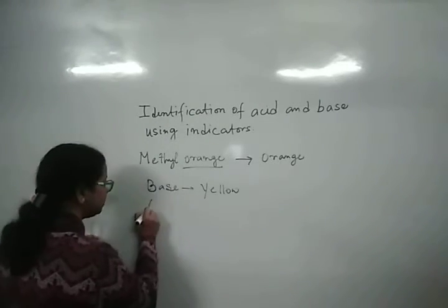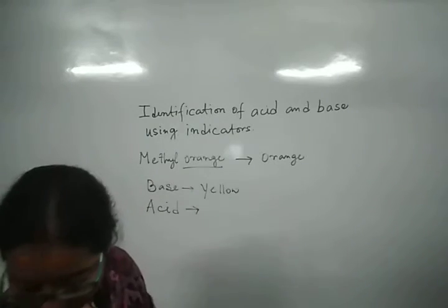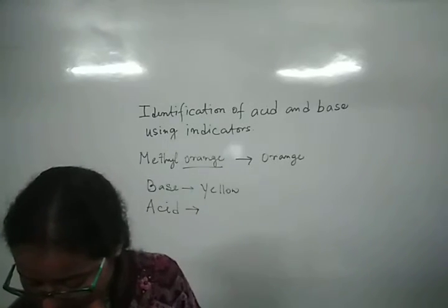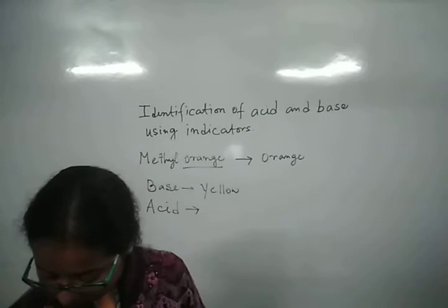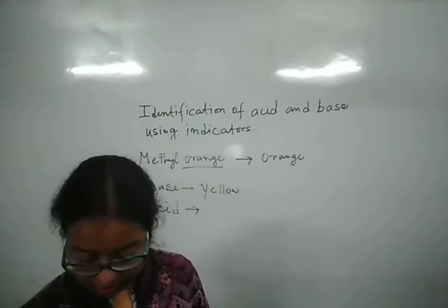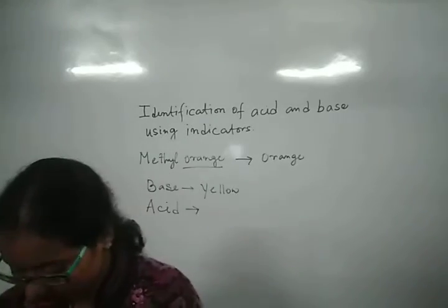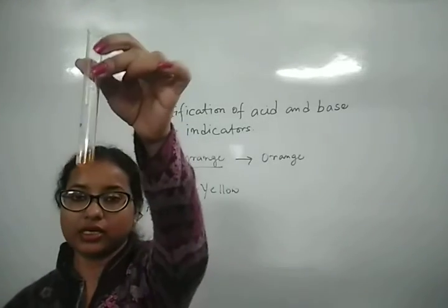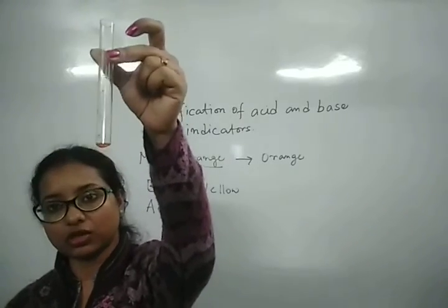Now what about acidic solution? If we add this in acidic solution, for that we have to take the acid in a test tube. See, in this test tube the indicator is already there.